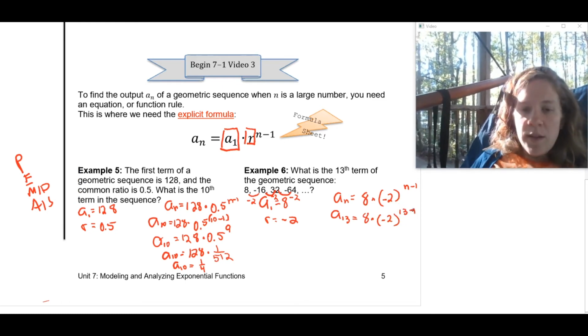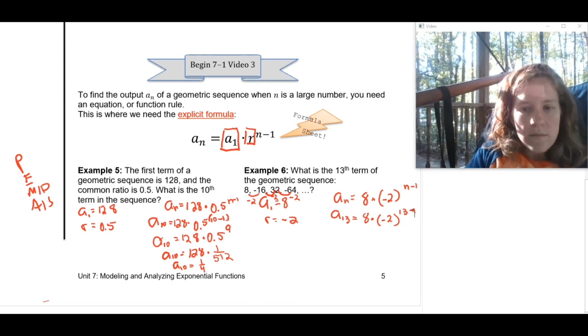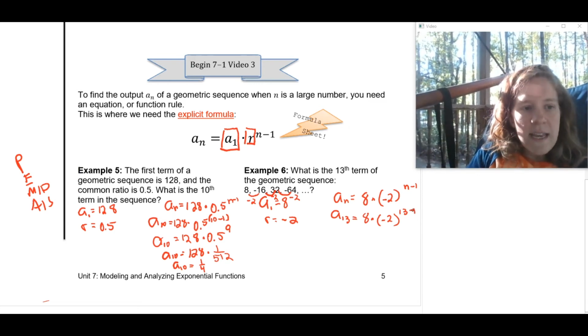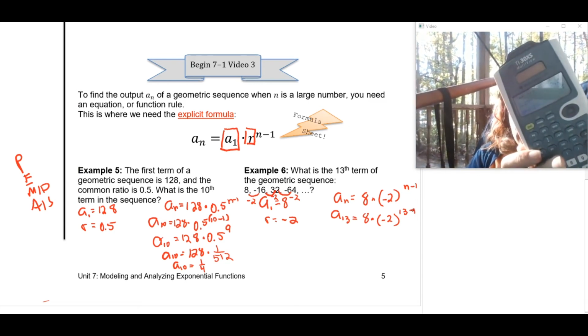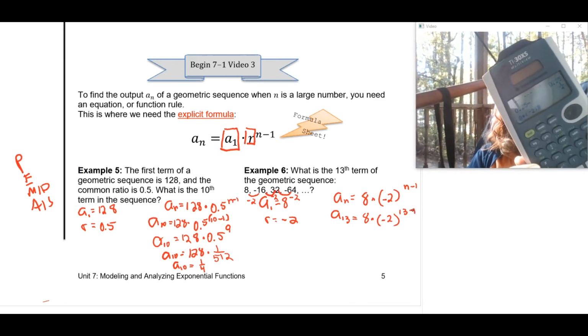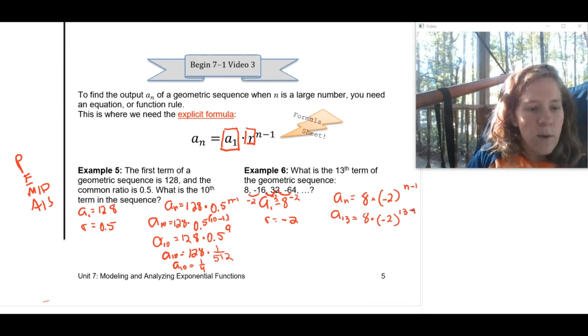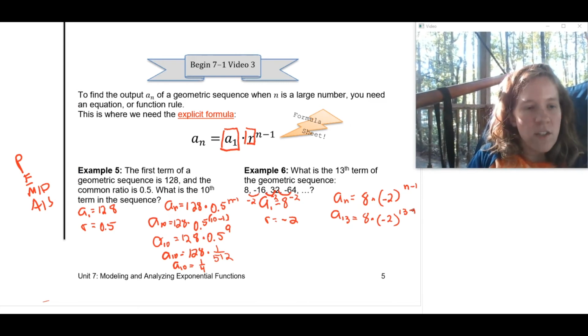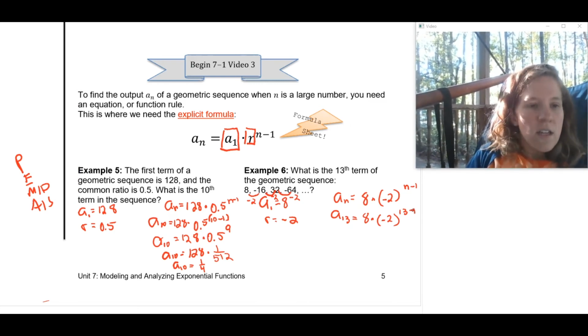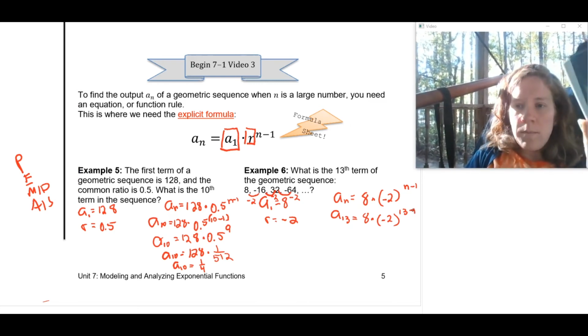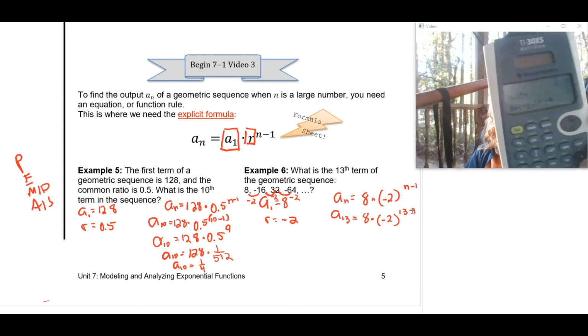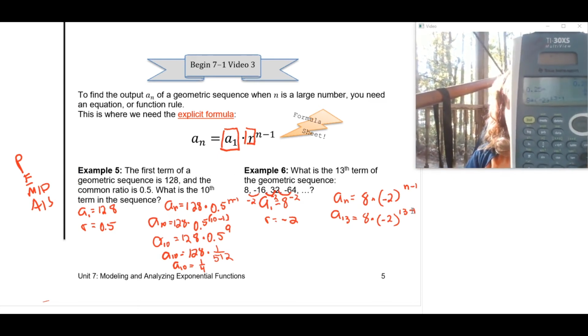I'm going to go ahead and put this in the calculator. So I'm putting 8 times negative 2. I went ahead and put that negative 2 in parentheses because I just think it's safer. It keeps my negative where it needs to be with that base of negative 2. And then I'm going to raise that to the 13 minus 1 power. So it should look like this when you've put it in.